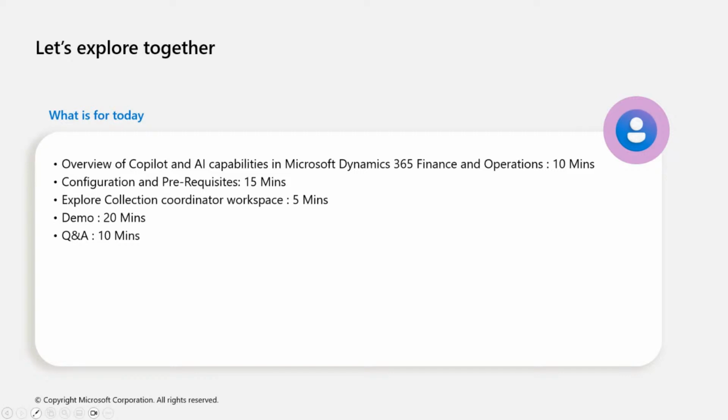And then we will talk about one of the use cases which I have picked up, which is about collection coordinator workspace. And then we will go into the demo and see how Copilot helps us with this particular feature. And then we can have Q&A. So feel free to put your questions and I'm happy to answer those.